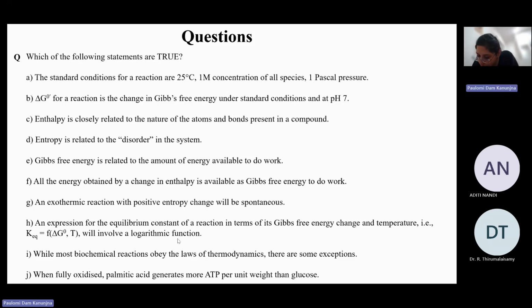C only wrong. Okay. The rest of the statements are true.